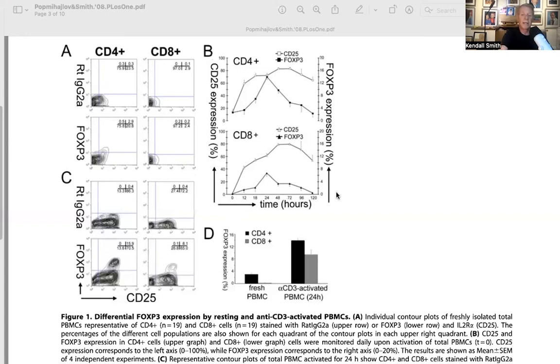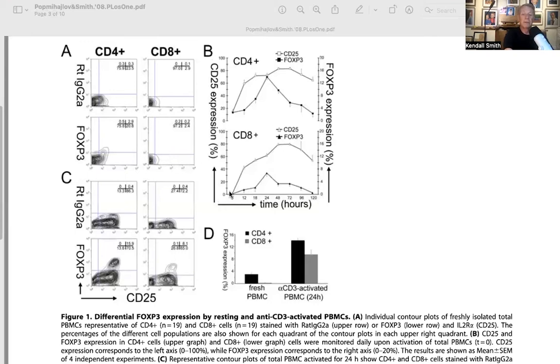This is time in hours, going from time 0 up to 150 hours, essentially 5 days. The open symbols show CD25 expression on these cells, and the solid symbols show FOXP3. There's a different scale: this is the CD25 scale over here, and this is FOXP3 over here.